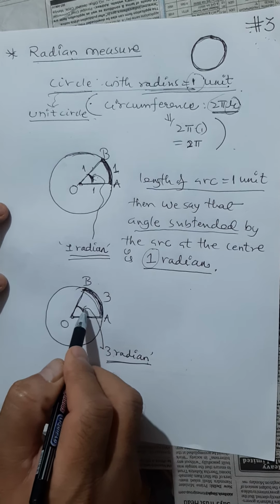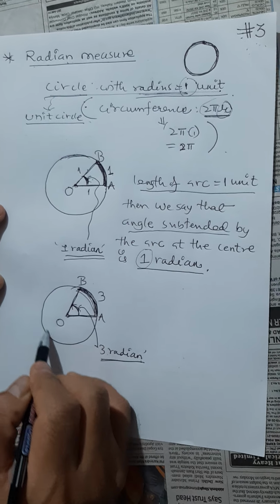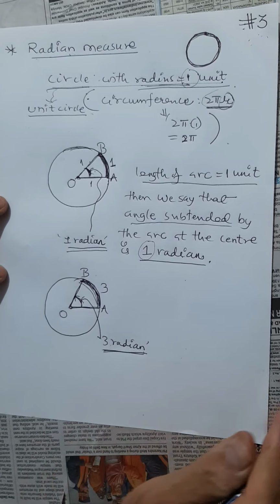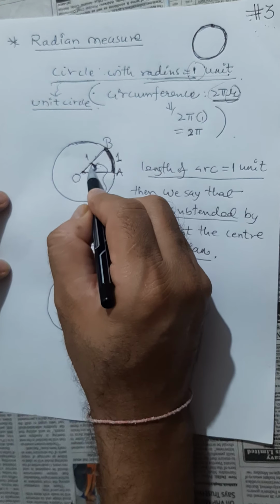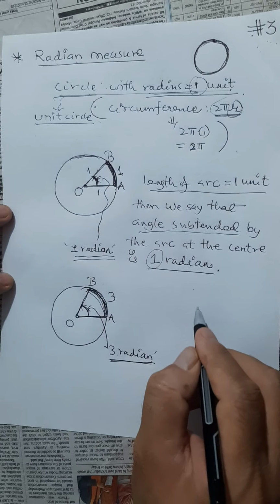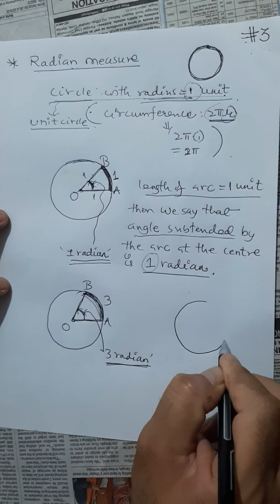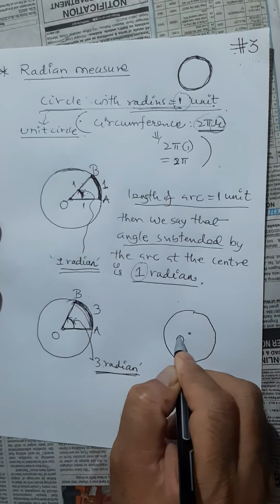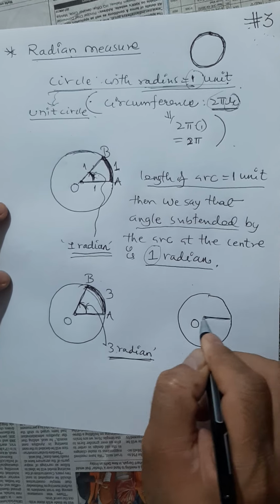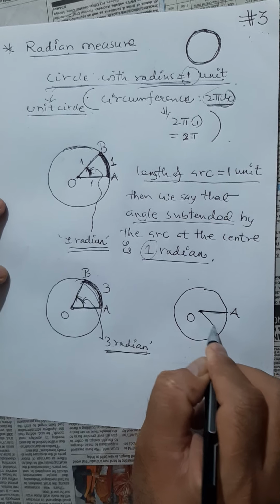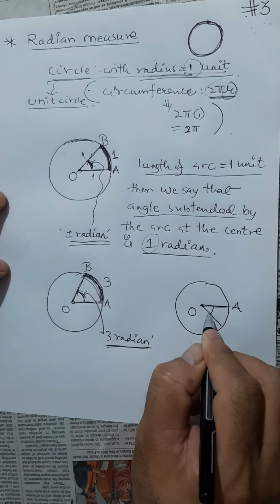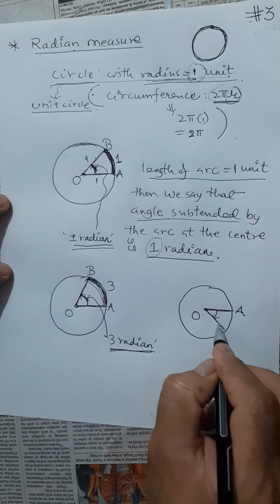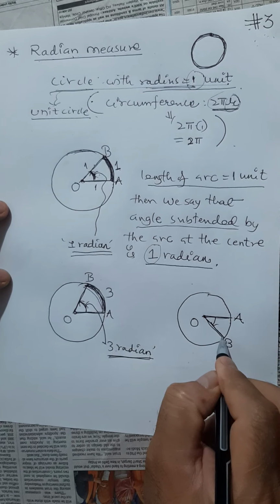Now again, I am moving in which direction? Anti-clockwise direction. So I wrote 3 radian positive. Now see this. If this is a circle, there is a center. Here we have A. Suppose this is B here. Now we are moving in clockwise direction, remember. There is a final position of this ray, radius.